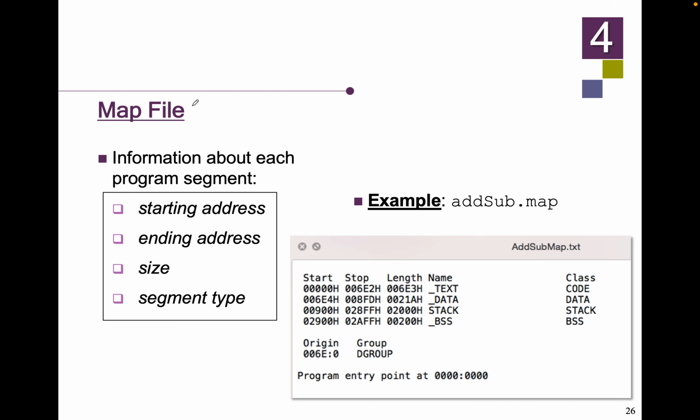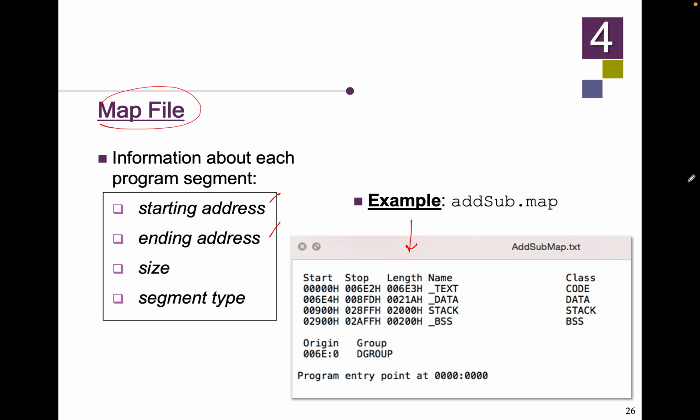So what is the map file? Map file is information about each program segment: starting address, ending address, size, and segment type. So this is an example of your map file.